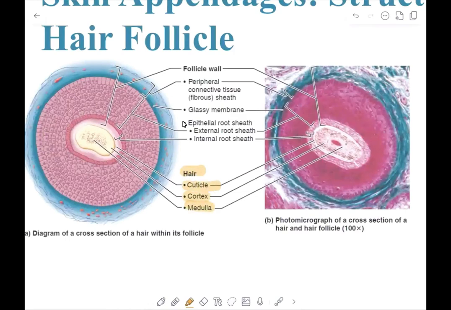Remember, there are no images on the exams. It will be only on your lab exams. But what I want you to see is there is an epithelial layer that's touching it. This is that invagination of the epidermis that I spoke of. And then outside of that is a connective tissue layer.